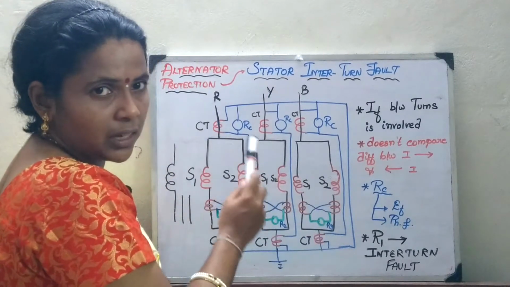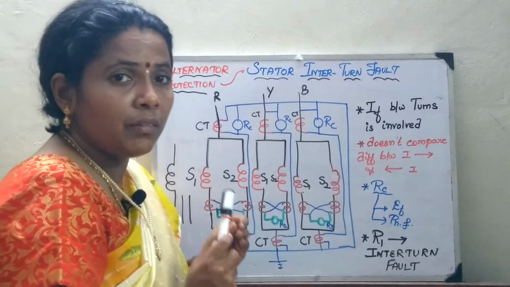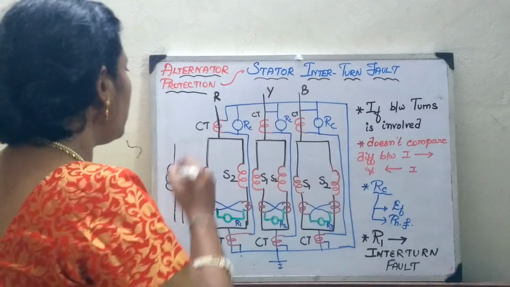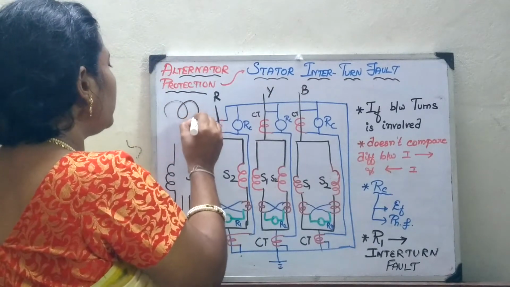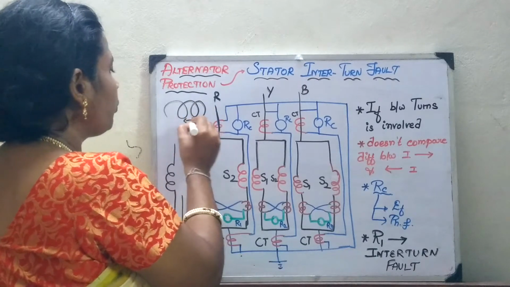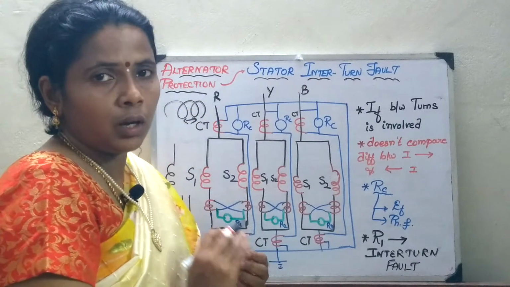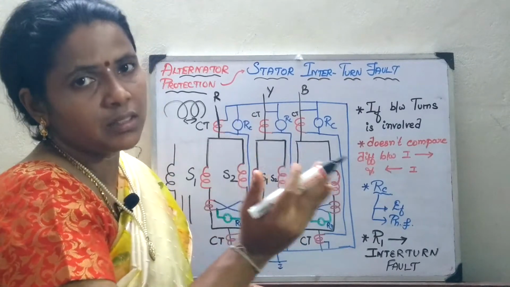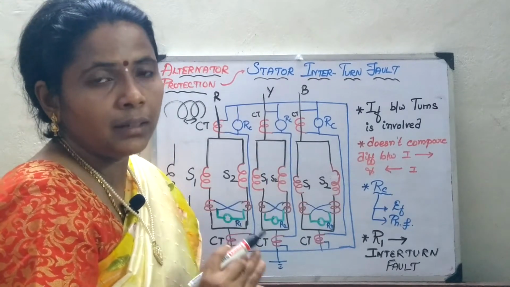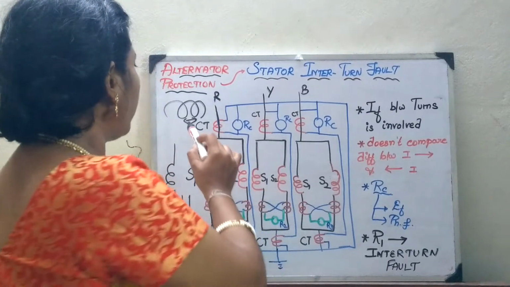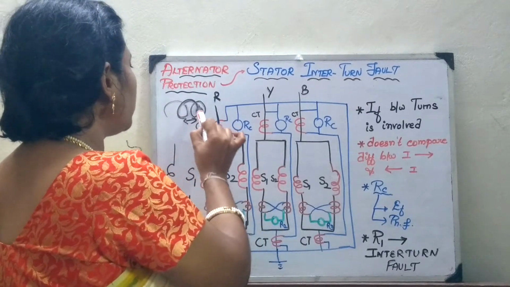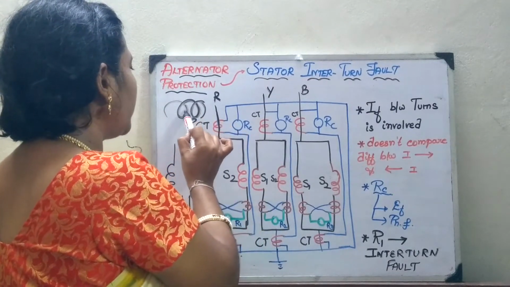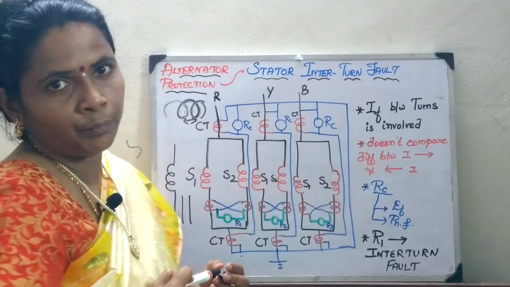It is just a single winding, because in the winding what you are going to detect is the fault between the two windings. Here there is no concept of the current entering the section and leaving the section. Here, whatever current flows between the turns is considered. This is stator interturn protection.